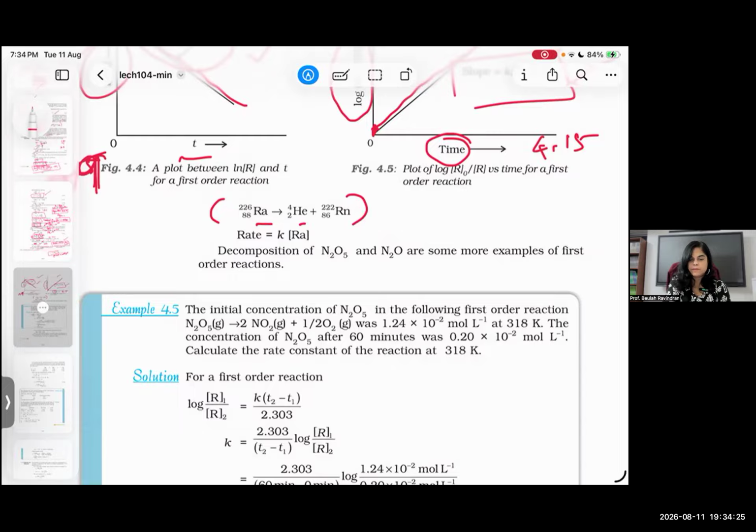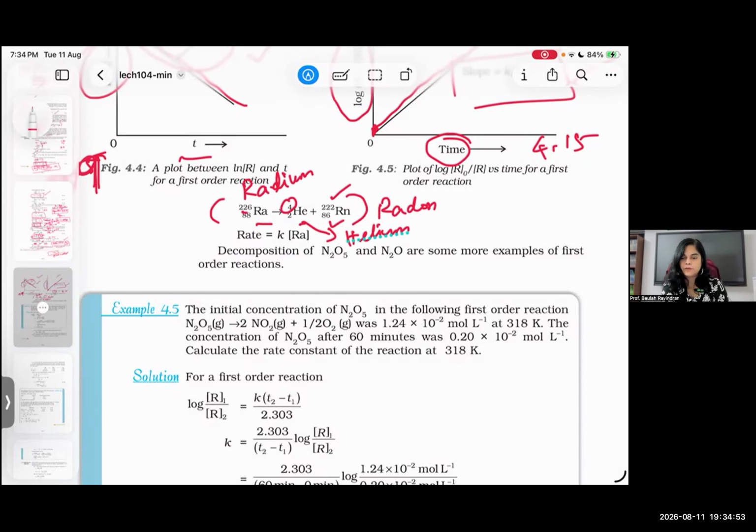So it is radium. And here it gives helium, so you have to reduce the mass number by 4. So 226 minus 4 is 222, and 88 minus 2 is 86. Now it becomes radon. Radon has mass number 222 and atomic number 86. Is it clear for you?